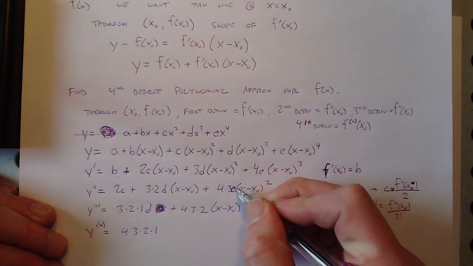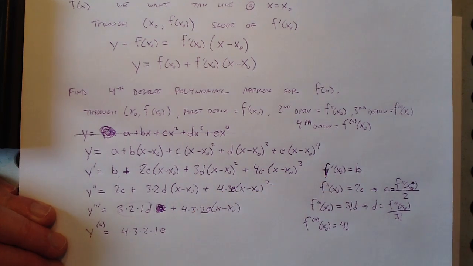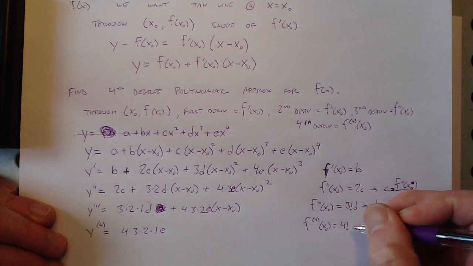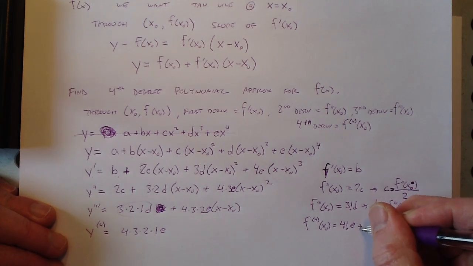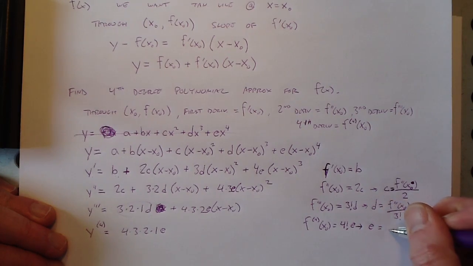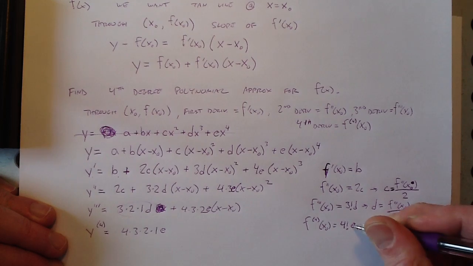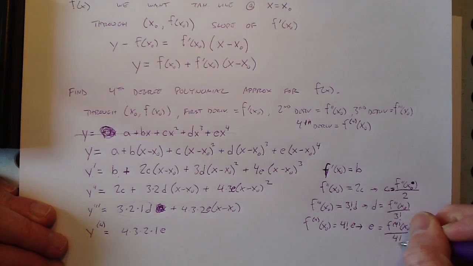There should have been an e there, and an e here, and an e here. Sorry about that. It escaped. So e is going to be equal to, when I solve for e, divide that over there, the fourth derivative at x sub 0 over 4 factorial.